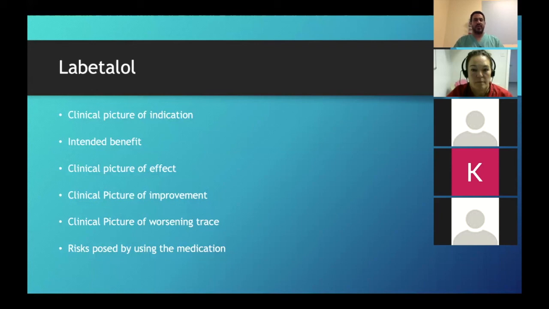Now, as a precaution, before we move on from that, remember the original tocolytic that was always used in the past was something called Ritodrine. Ritodrine was a longer acting beta-2 stimulant that we used to use in tablet form for many weeks. And that used to have problems with cardiac patients, and that used to push them into heart failure.